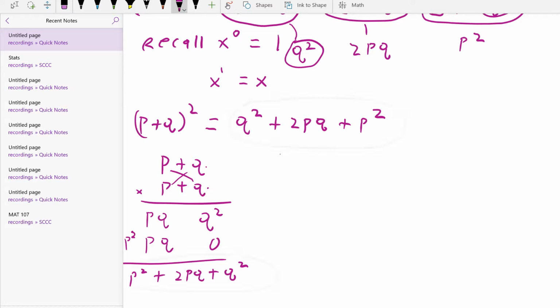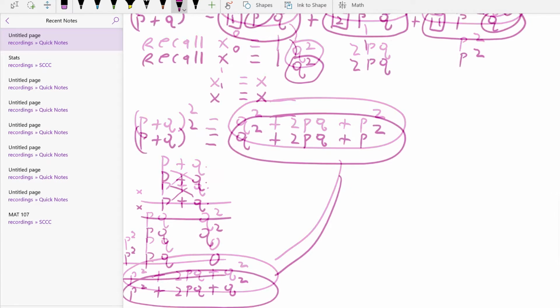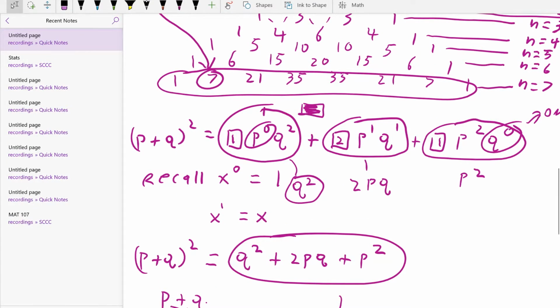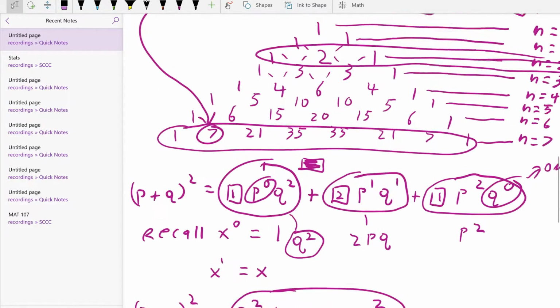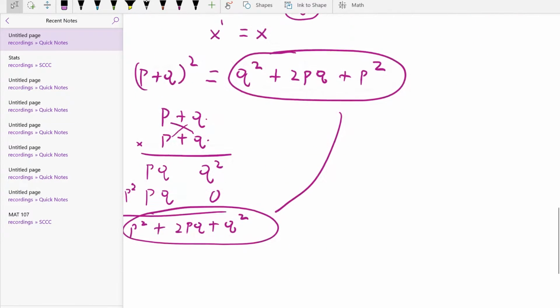Now notice, these two terms are equal, except the order is different, but addition is commutative, so the order doesn't matter. And so we've seen that using Pascal's triangle in the binomial expansion theorem is certainly a very long way to go if you simply want to square this binomial.